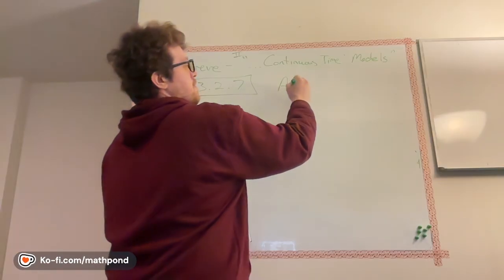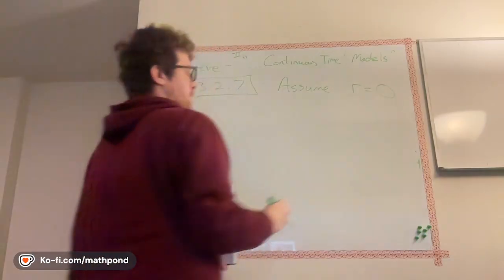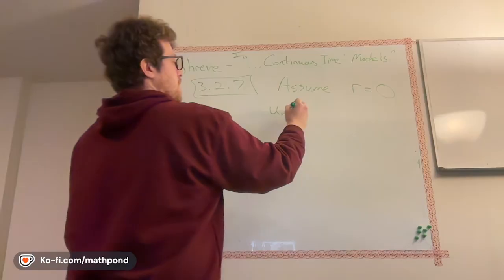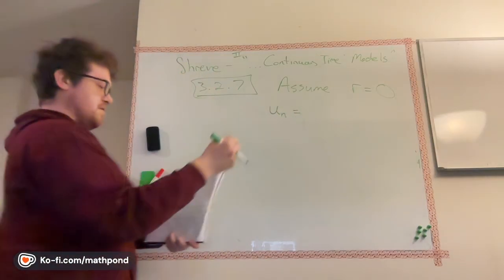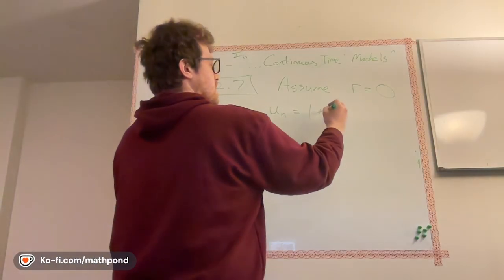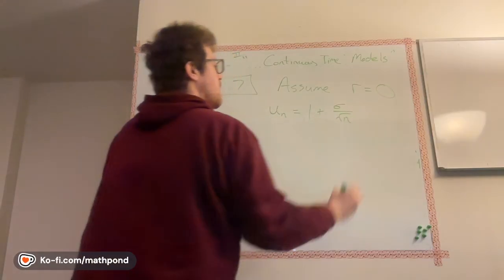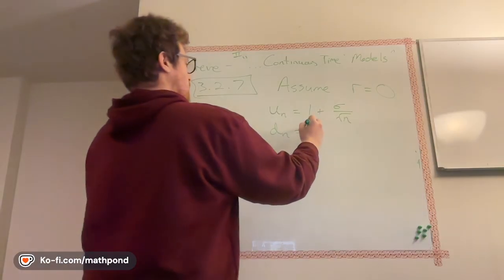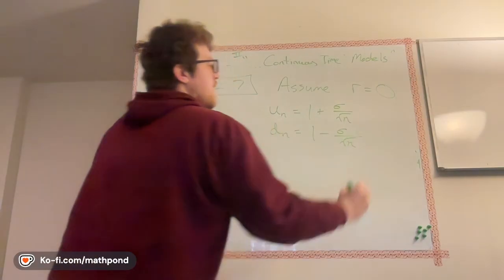Basically, to make things simpler, we're going to assume that the risk-free interest rate is 0. That the up factor, like how much the stock goes up in the case of flipping heads, is 1 plus sigma over square root n. And there's a down factor, which is 1 minus sigma over square root of n.